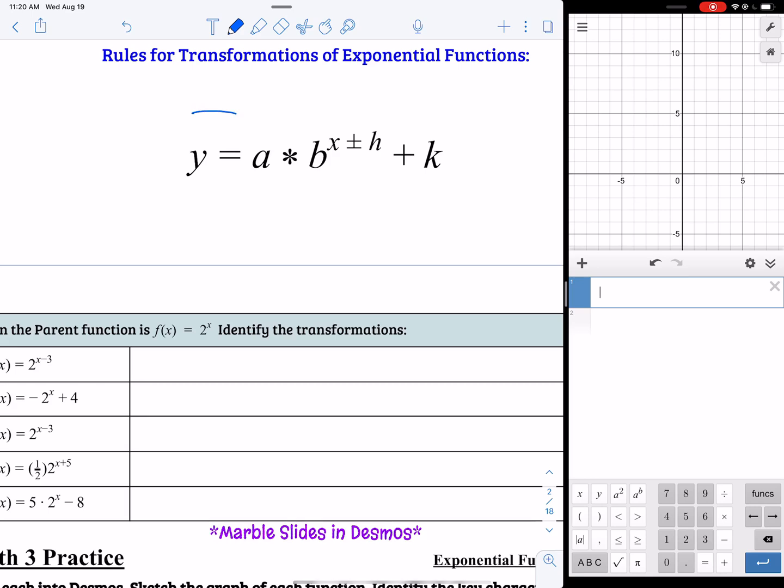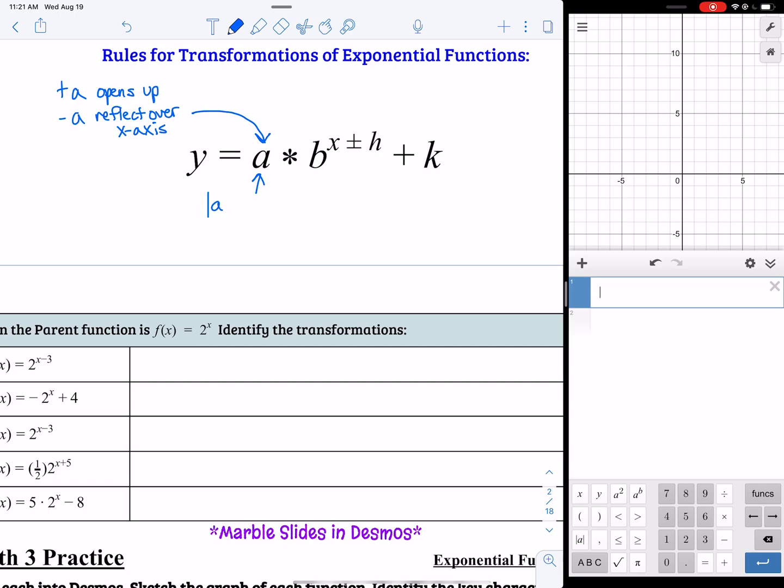So the a value is still that number in the front of our function that's multiplying the function. And when a is positive, it looks like it's regular. It opens up. And if a is negative, it makes our function reflect over the x-axis. Also, the value of a makes your graph change.